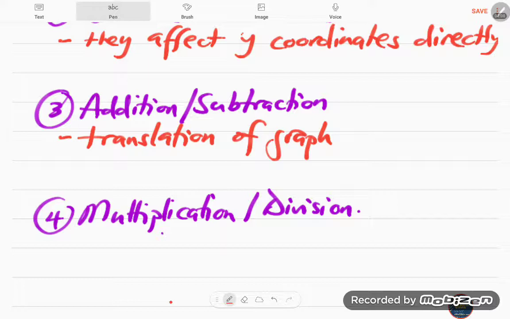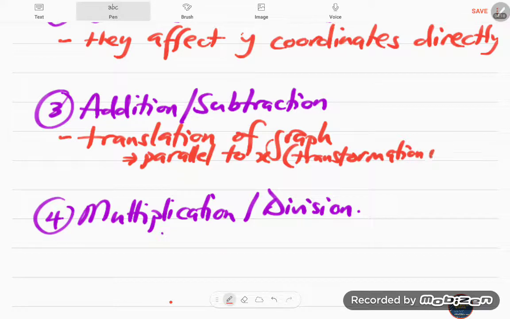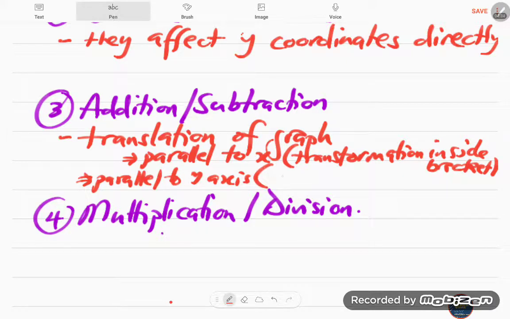Okay, so this one is going to be a translation of the graph, and it can either be parallel to x if our transformation is inside the bracket, or parallel to the y-axis if the transformation is outside of the bracket.